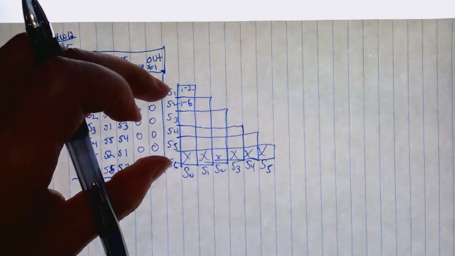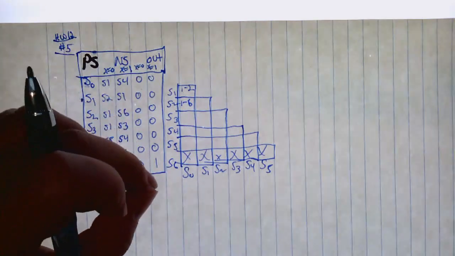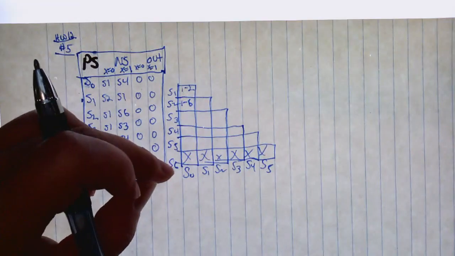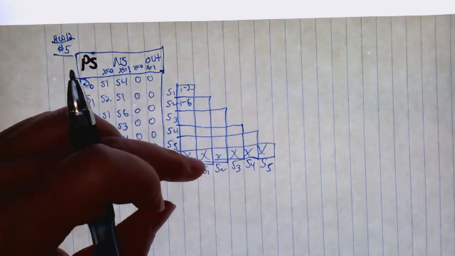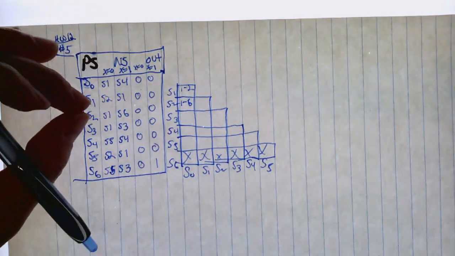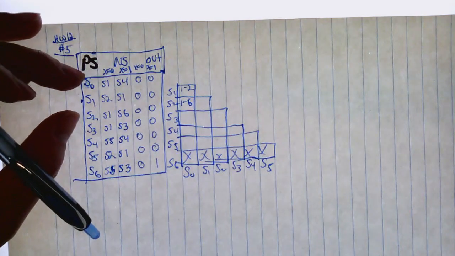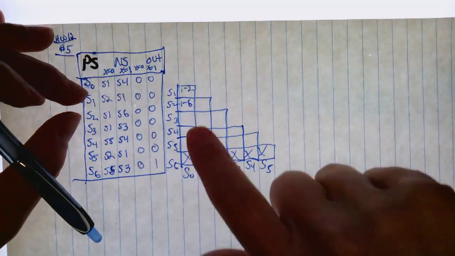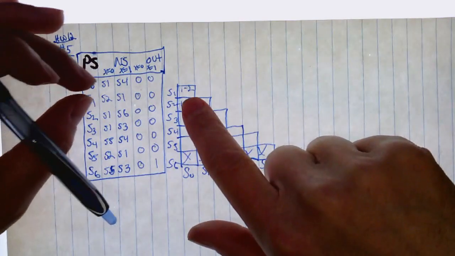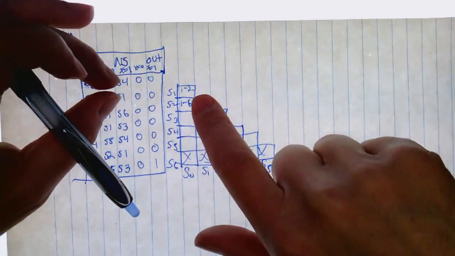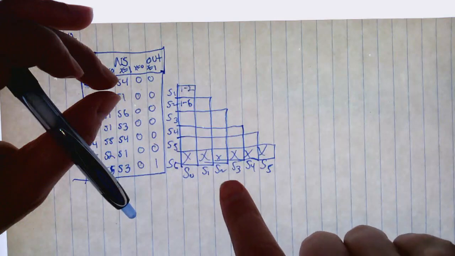So we don't know about, well, I don't have an S6, S1, oddly enough. Let's do another one. S1 is equal to S2 if S0 is equal to S1, if S1 is equal to S2, and if S1 is equal to 4.